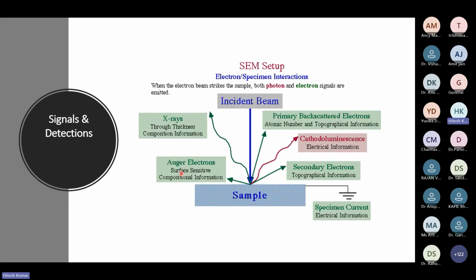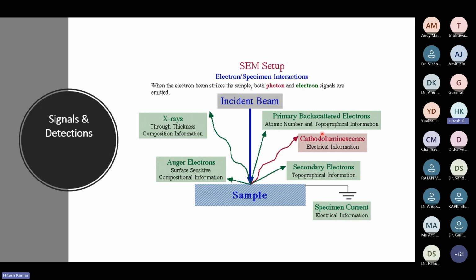So then it will have an SEM setup. What different information can we capture from that? There is a large amount of information we can capture. Let's suppose an electron is bombarded on your sample.